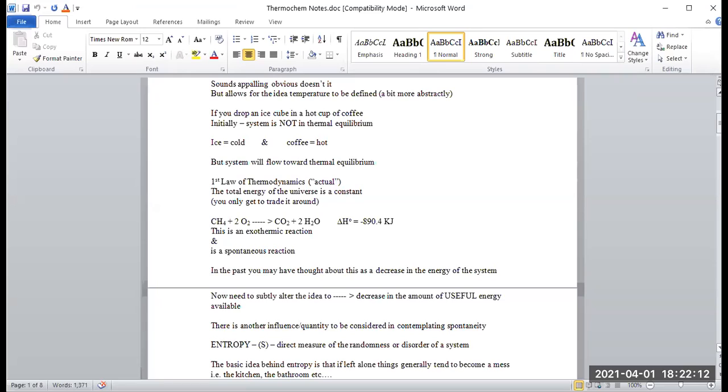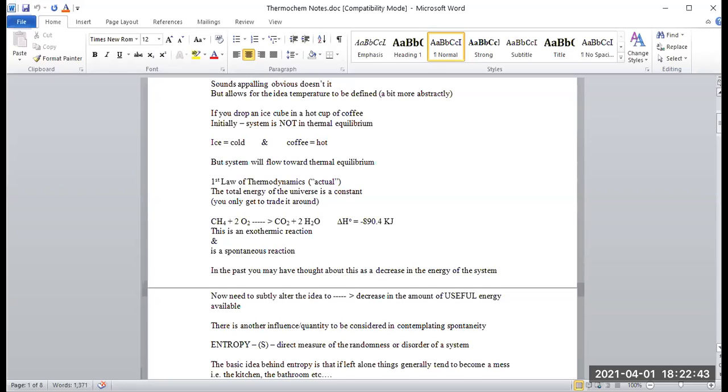Now, in that particular case, it reacts much more slowly, because remember, speed and spontaneity are not identical. You could be spontaneous and really slow. Once you provide that spark, then you get the heat and all being produced relatively fast. But it would actually react on its own.